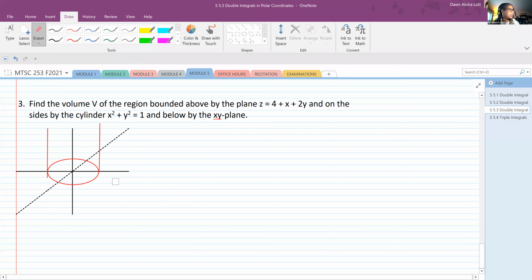And on top of it is a plane. So there's a plane up here. It does not let me draw stuff slanted, which is fine.